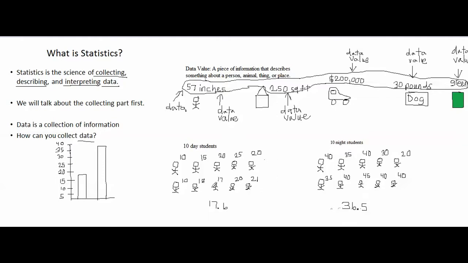But the good news is, when data collection is done properly, and when the data is interpreted properly, meaning when people make the conclusions properly, then most of the time correct conclusions will be made, and incorrect conclusions will be made less often.